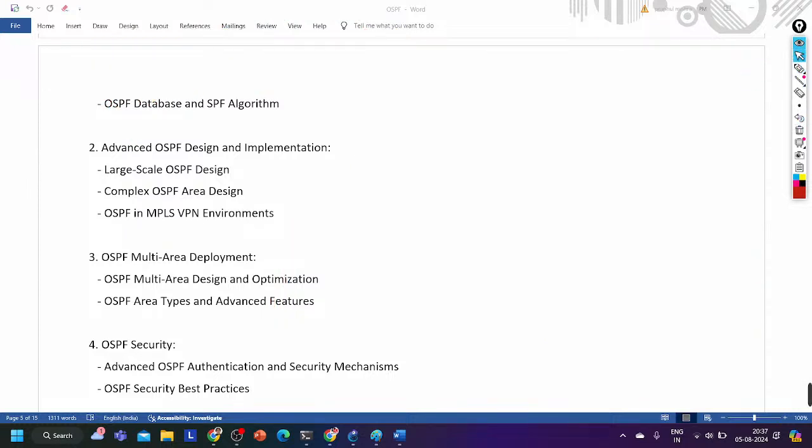And OSPF, see, we are not only using OSPF in internal networks, right? Like if you are thinking that OSPF is an IGP protocol, meaning interior gateway routing protocol, that means we are using it inside the network, right, for internal communication. Like maybe enterprises can use OSPF in their internal network.